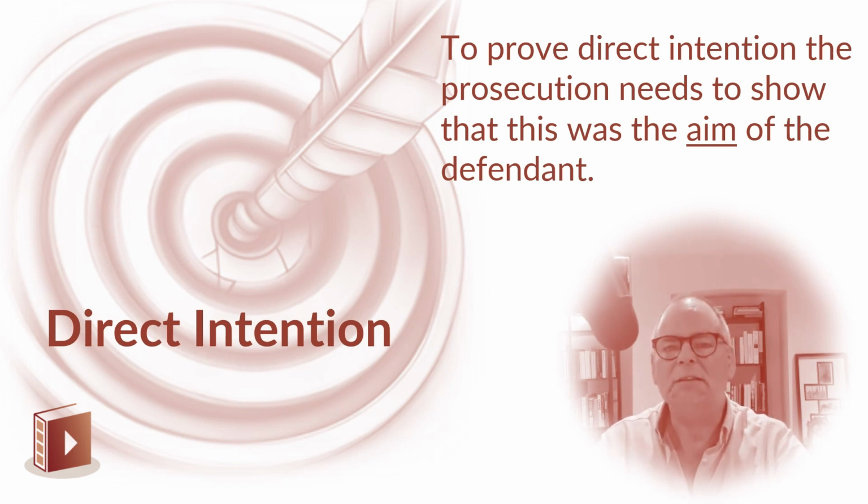And to prove this, the prosecution will often use evidence such as CCTV or messages that might have been sent from the defendant to the victim, forensic evidence of some kind, DNA, fingerprints. All of these could potentially point in the direction that this person directly intended to cause the injury or the harm to the victim.